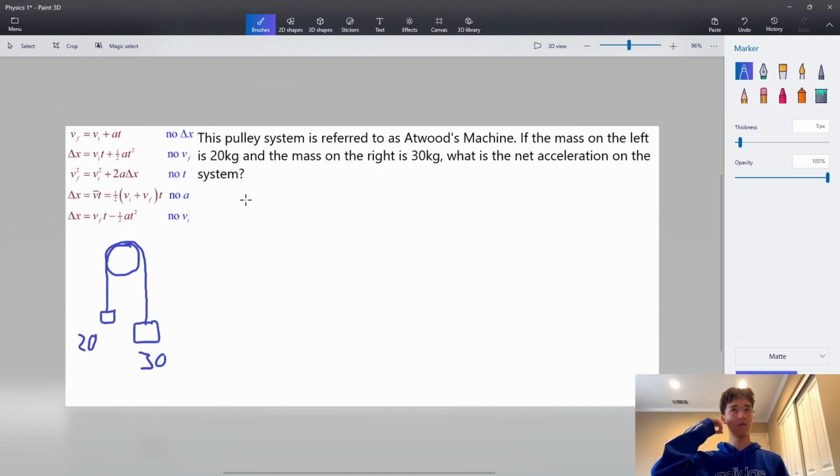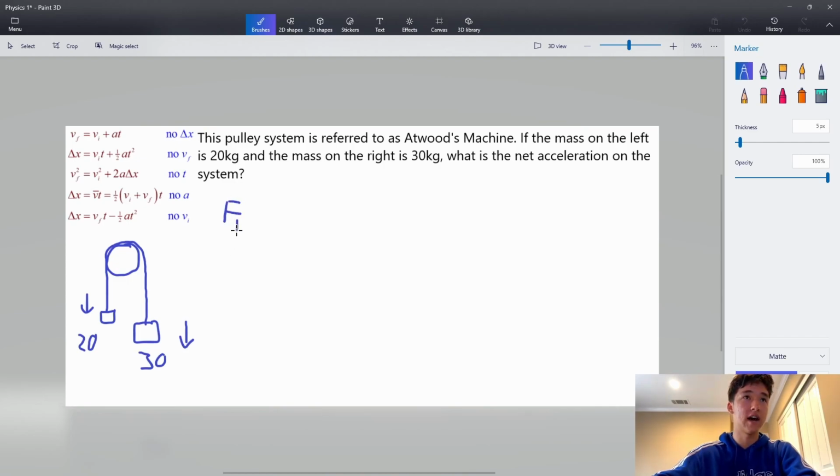Basically, when we are working with pulleys, these guys are going to be working against each other. So we want to find the net force. On the right side, we have 30 times the acceleration, which is just gravity. So it's 30 times 9.8, which is equal to 294 newtons.